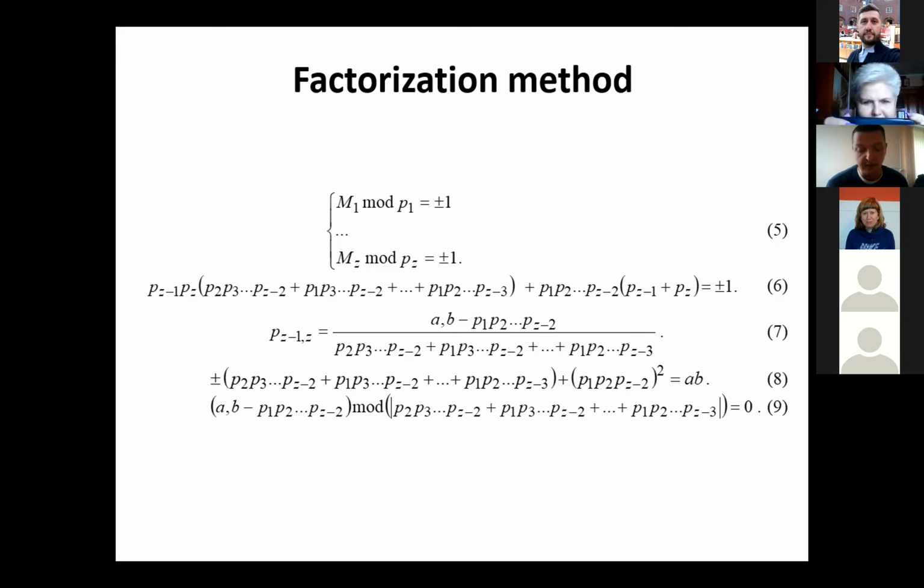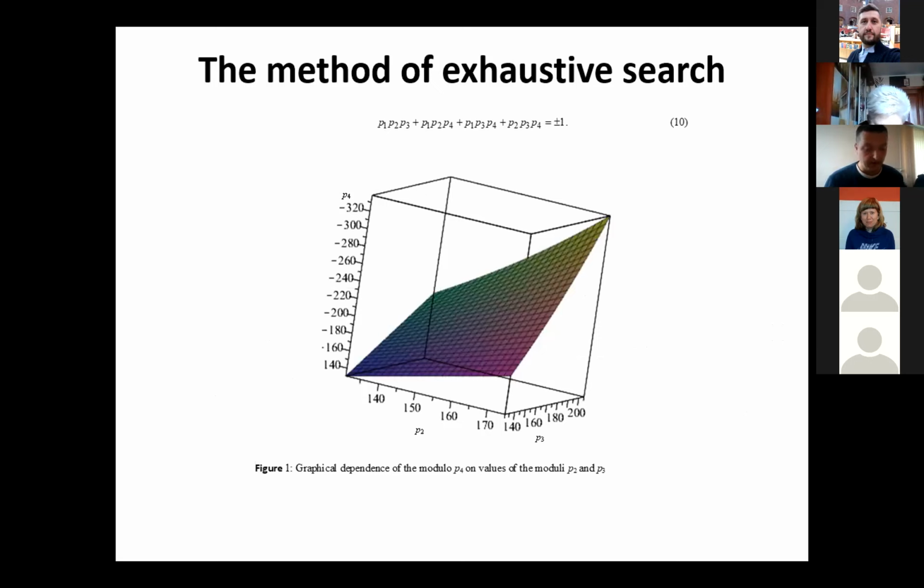Therefore, the left part of 8 should be factorized, and the parameters A and B are determined based on it. Additionally, as a result of 8, the modules Pz and Pz minus 1 should be integers, as shown in 9. Figure 1 shows the graphical dependencies of the modulo P4 on the values of modulo P2 and P3.